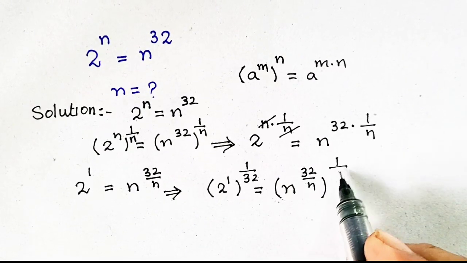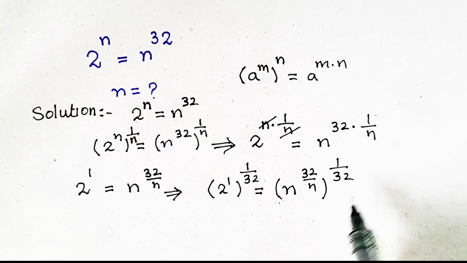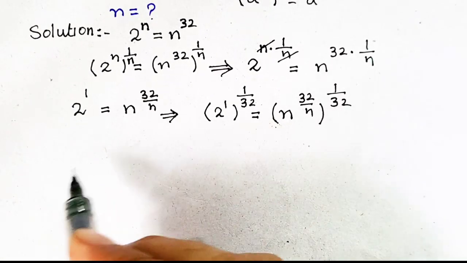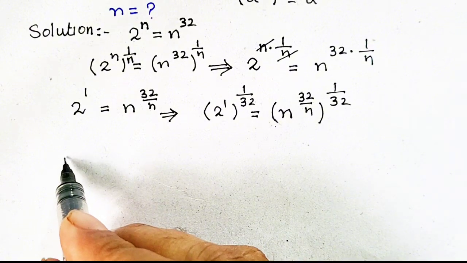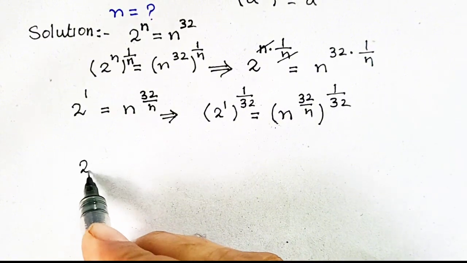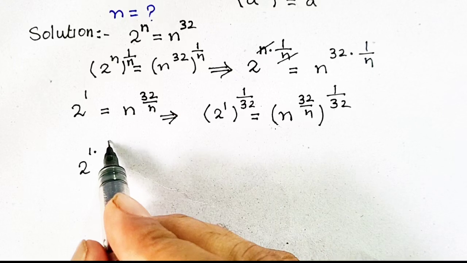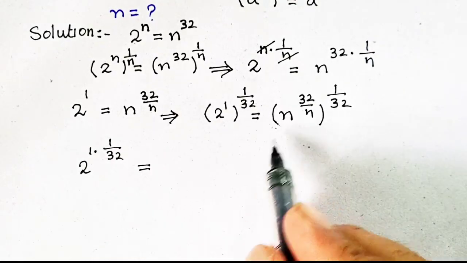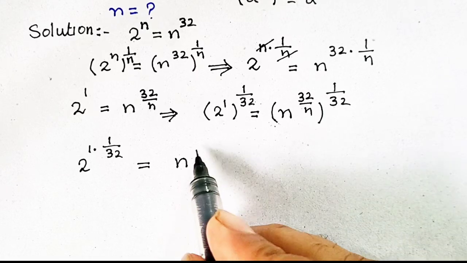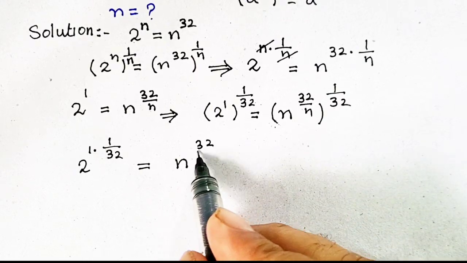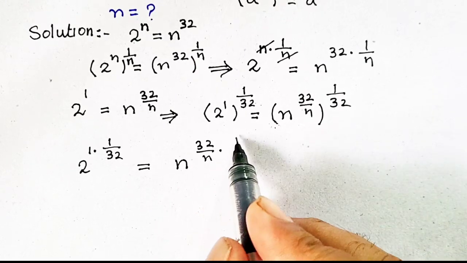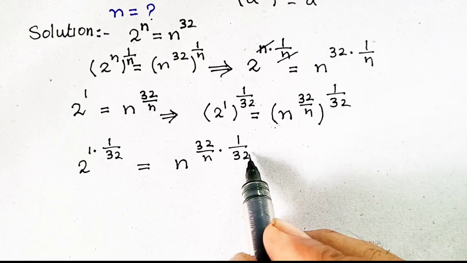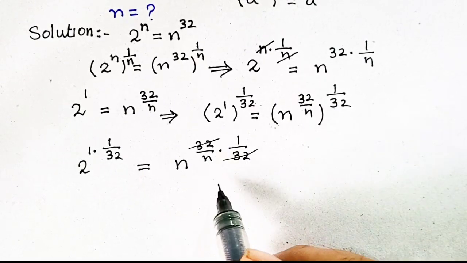So it becomes 2 power 1 times 1 over 32, and it is n power 32 over n times 1 over 32. Now you are looking that 32 and 32 are cancelled.